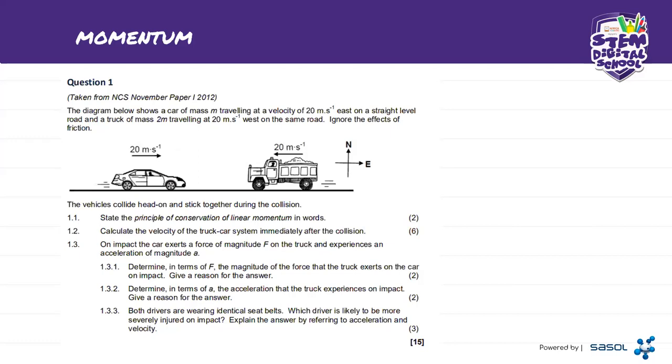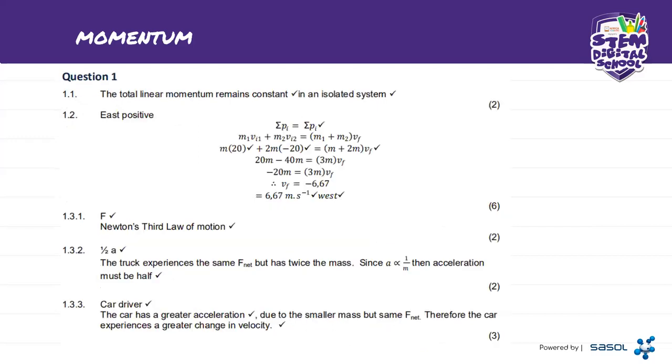Okay? So what are we going to do now? Now we're going to say F net is equal to M times A, right? Remember we spoke about an example like this beforehand.